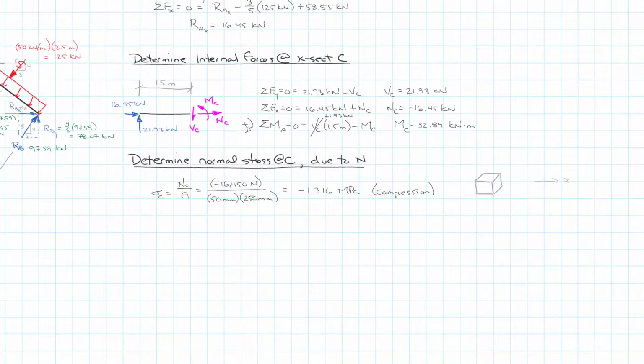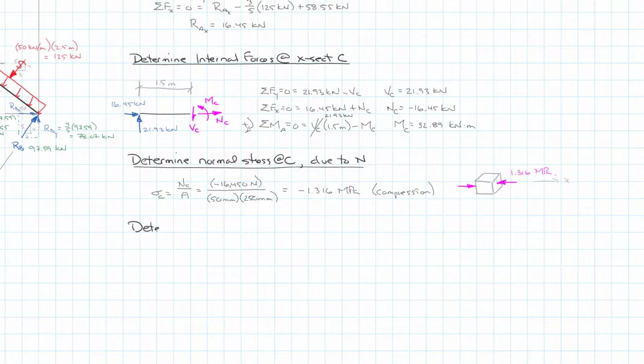And so the stress is a normal stress going in the X direction, and so it's in compression. So I can draw in my normal stress, in this case going like that, and a value of 1.316 megapascals. So that's it. That's the normal stress due to N.